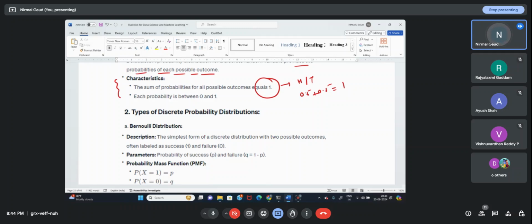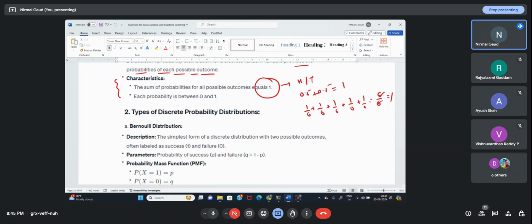For rolling a die, the probability of each number is 1 by 6, so if I add 1 by 6 six times, I get 6 by 6, that is 1.